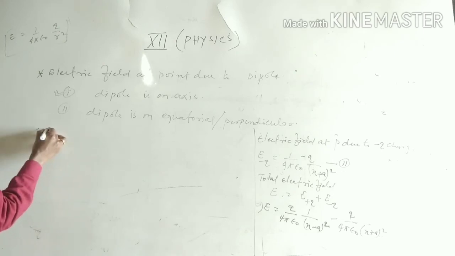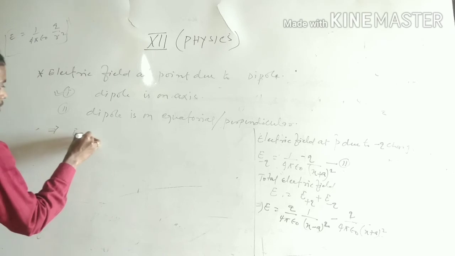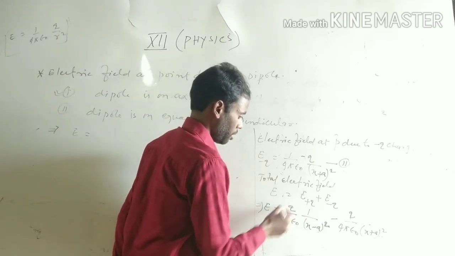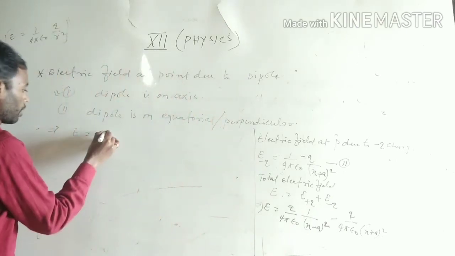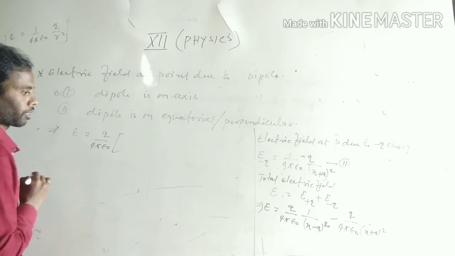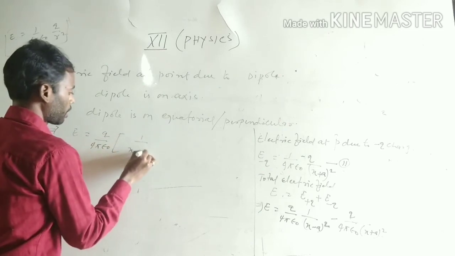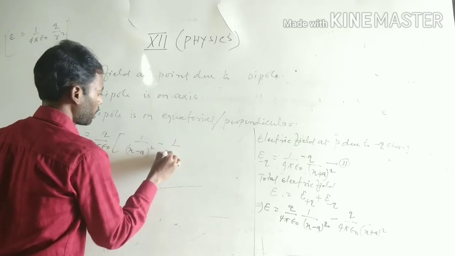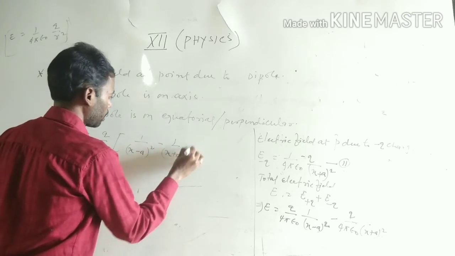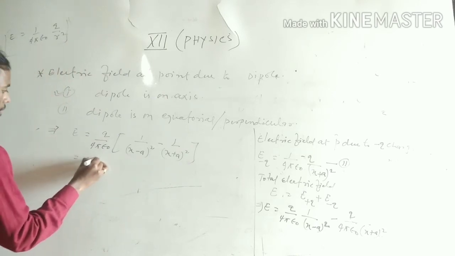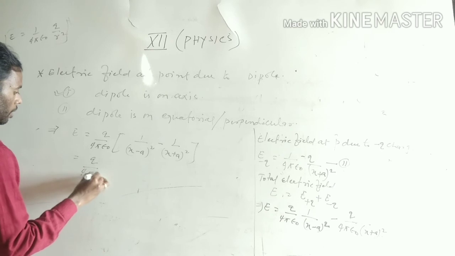After that, E is equal to Q by 4 pi epsilon naught, taking the common terms, 1 by x minus a whole square minus 1 by x plus a whole square. We calculate this, then we get Q divided by 4 pi epsilon naught.